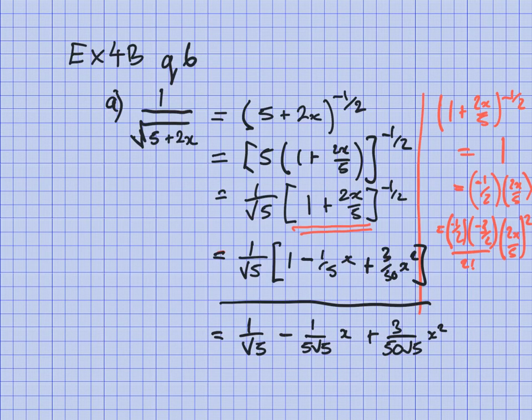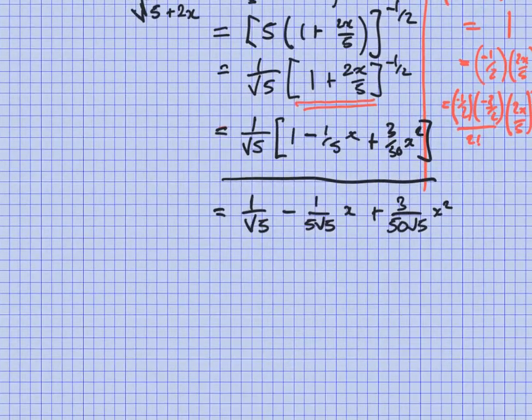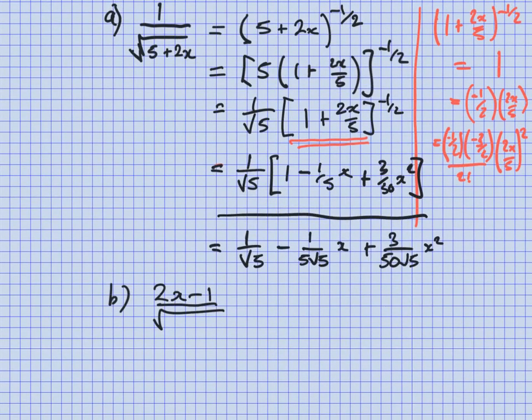So the next part of this asks us to use that to expand 2x minus 1 over the square root of 5 plus 2x.